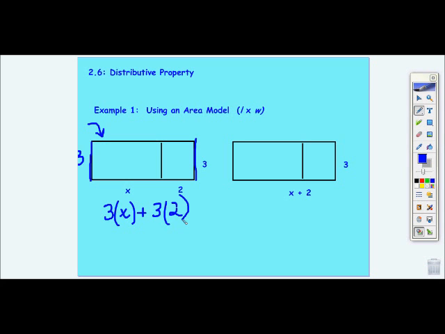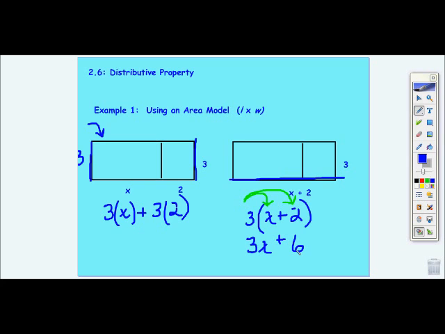Now, I can also do the same thing, showing you distributive property. I can do 3 for my width, we'll say, and then my long side here is x plus 2. Now when I distribute, and that means this 3 is shared by both the x and the 2, that would give me 3x plus 6.